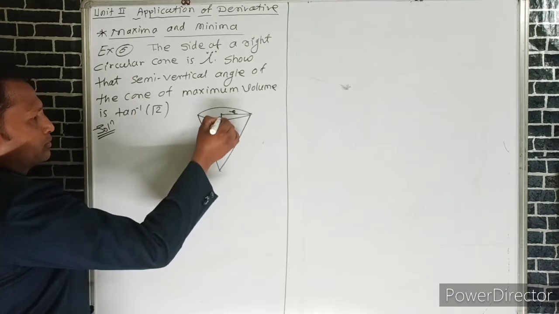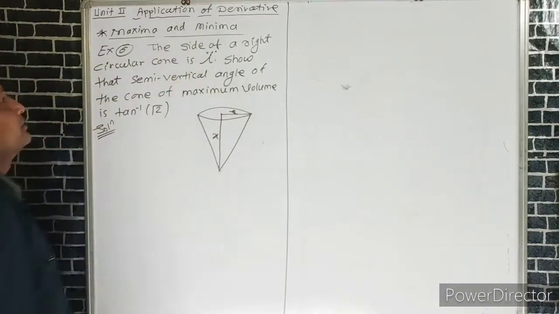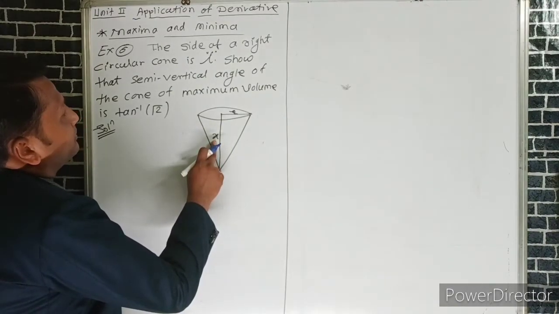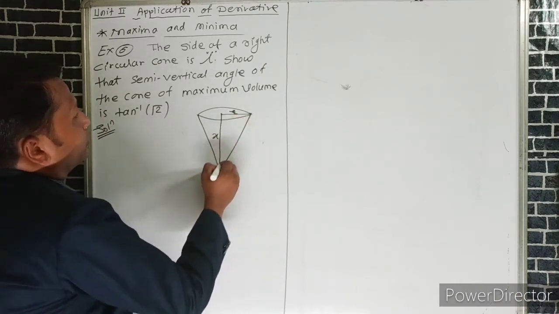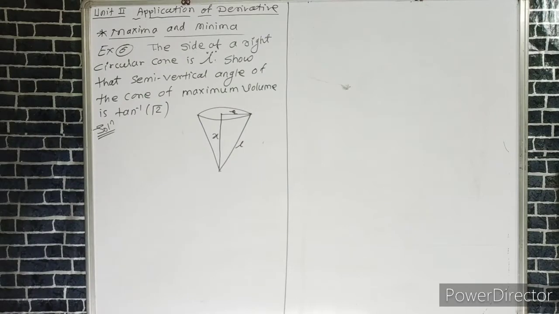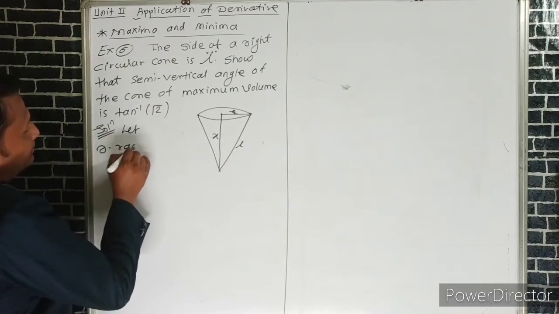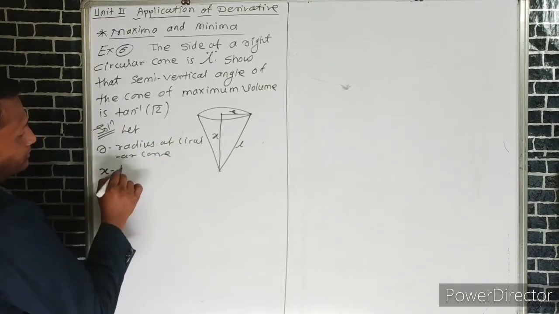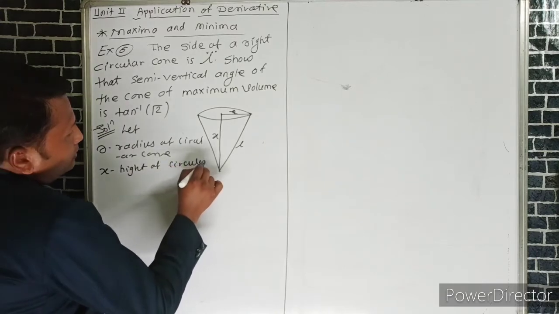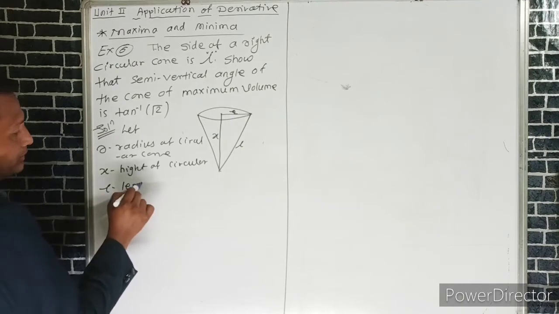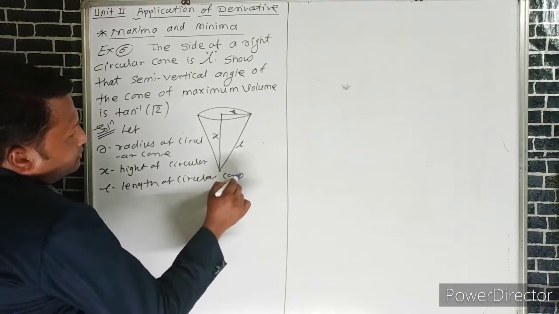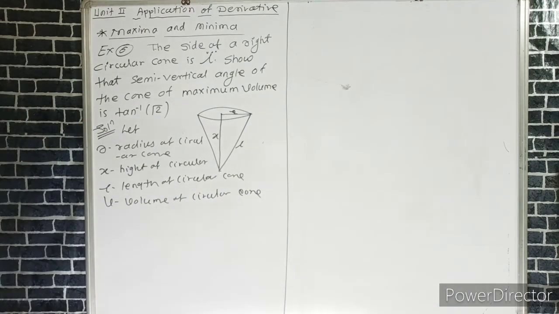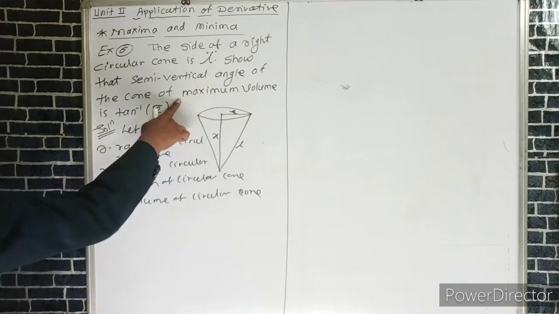The height of the circular cone is x, and the slant length of the cone is L. So let r be the radius of the circular cone, x be the height, L be the slant length, and V be the volume of the circular cone.